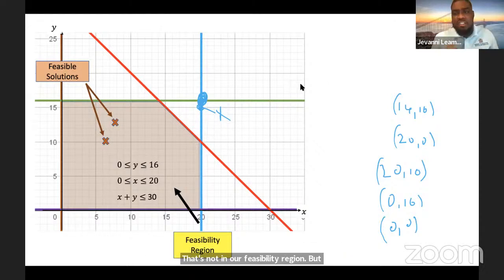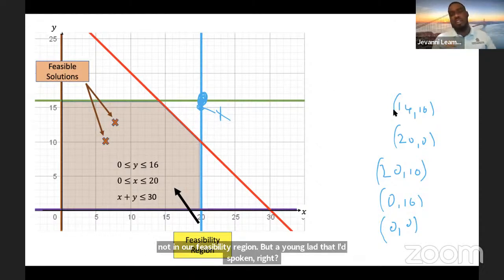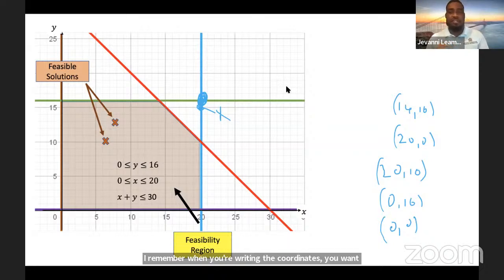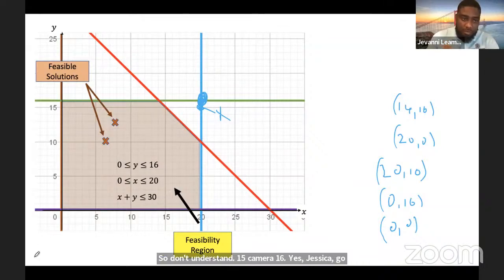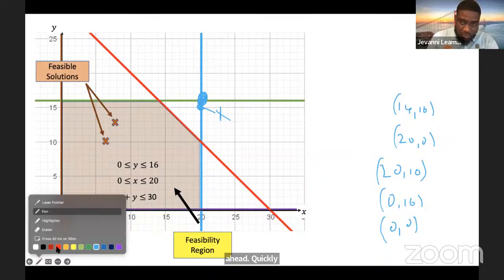And remember, when you're writing the coordinates, you want to have the brackets as well. So don't just write 15, 16. Yes, Josiah, go ahead, quickly. 15 on the X and 15 on the Y. No, we're straying from the point now.